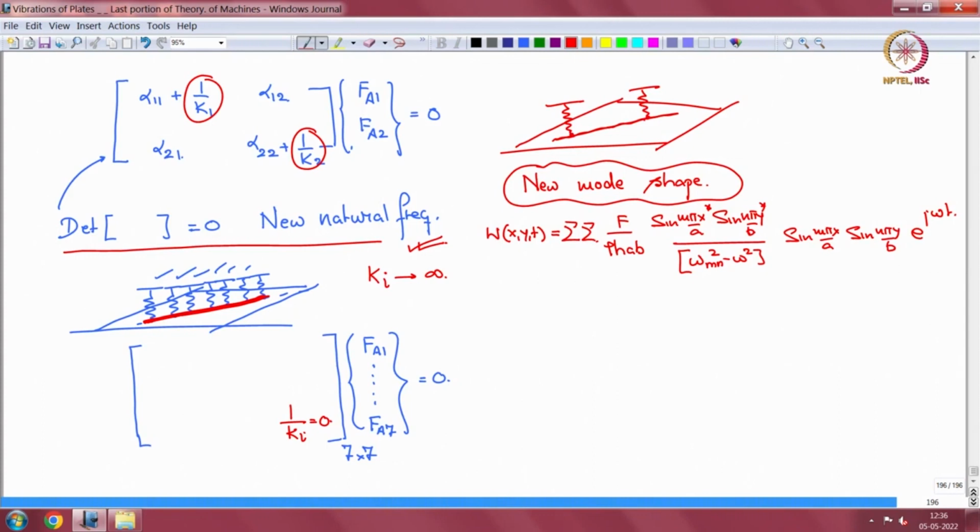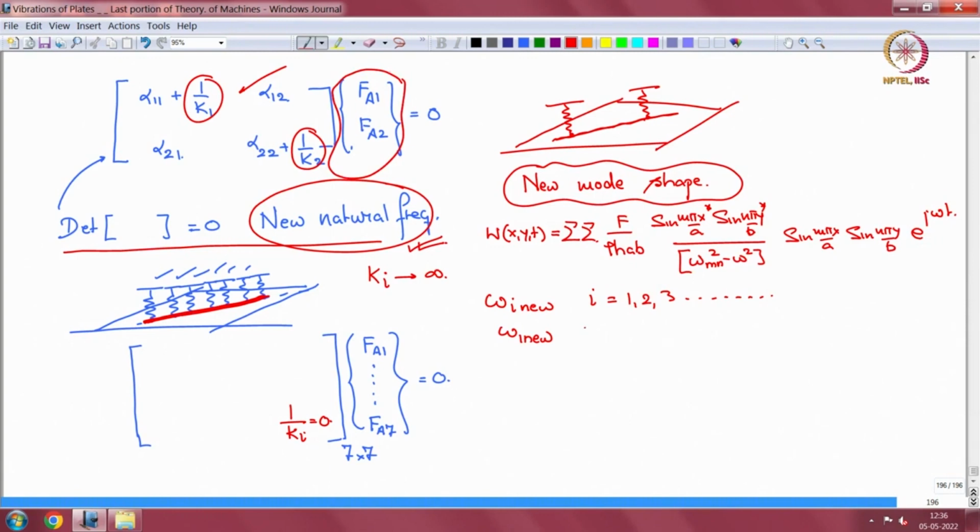Suppose I found a new set of natural frequencies for the 2 spring connection, omega I new, let us say, I going from 1, 2, 3, etc. Now, if I find omega 1 new and substitute it in here, then the determinant goes to 0, and therefore I can find the non-trivial Fa1, Fa2 values.